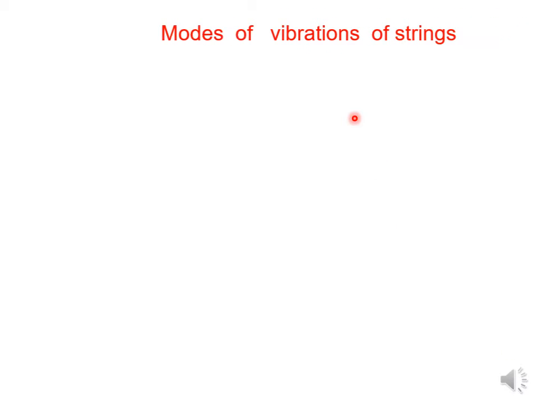Modes of vibration in strings. If the string produces one segment only, the number of segments, small n, equals 1, and it gives a tone called the fundamental tone.